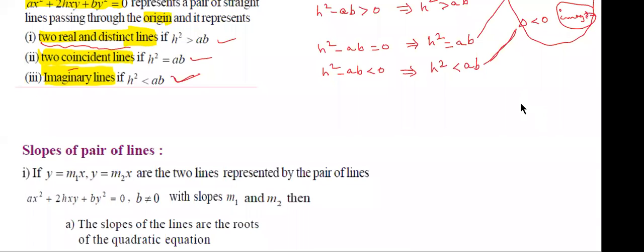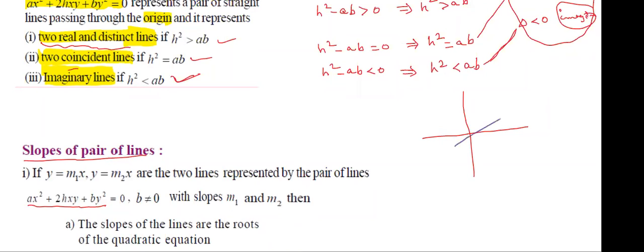Slopes of pair of lines. A pair of lines is representing two lines, having two slopes. Suppose we take the homogeneous equation ax square plus 2hxy plus by square is equal to 0. We know that for a homogeneous equation, the pair of lines pass through the origin.